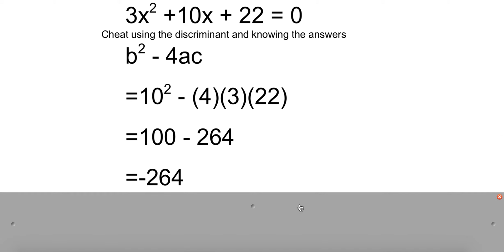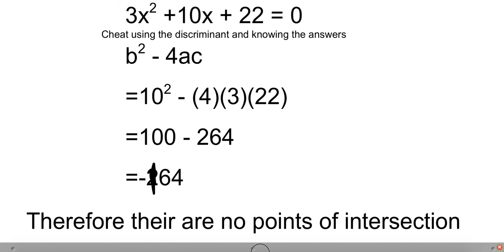But I recognize that I've got a negative, and that should be 164, not 264. On your notes, you probably want to change that to a 1. But it doesn't matter because it's negative anyway, so negative 1 or negative 2 doesn't really make a difference. It means that we're going to have no solutions because we have a negative under our square root. We can't have any answers.